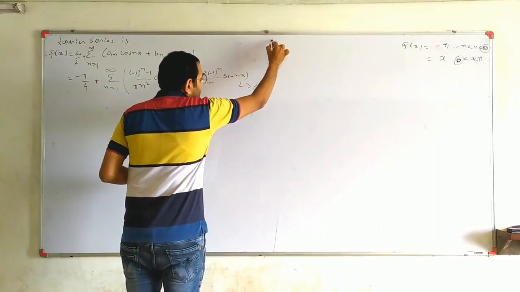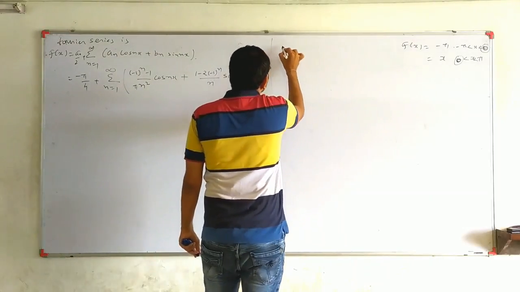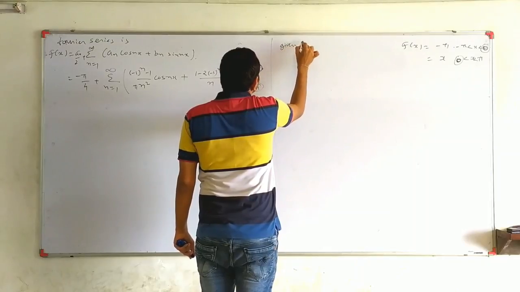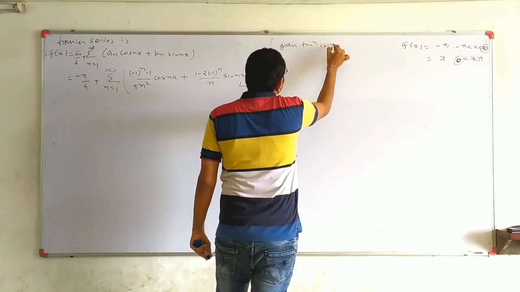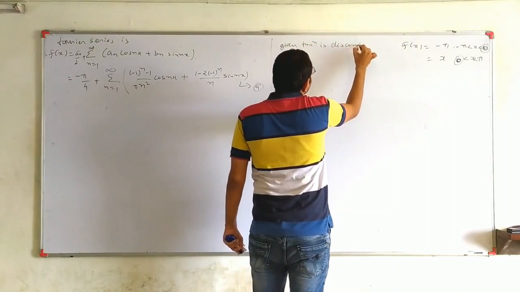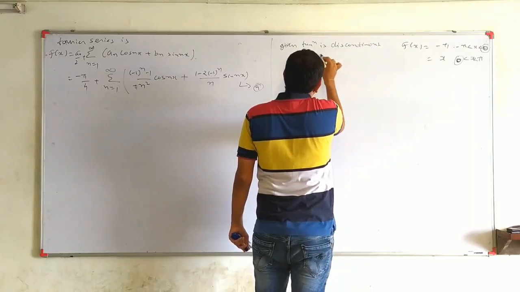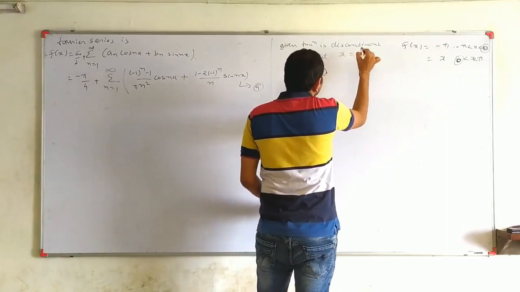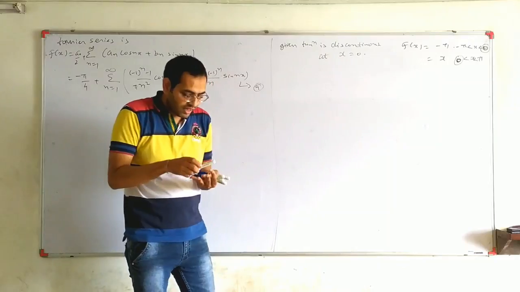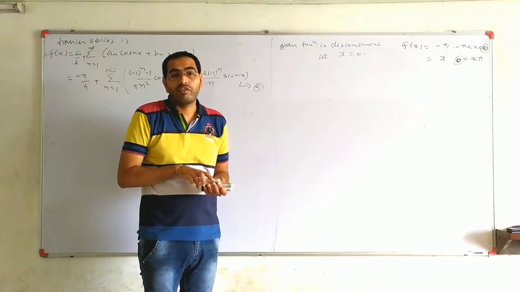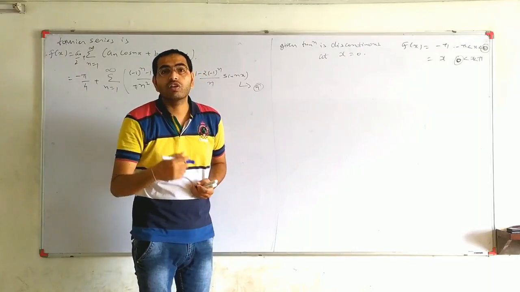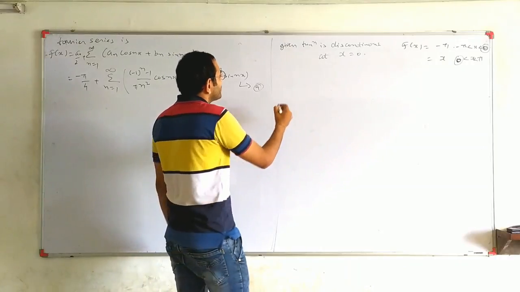Given that the function is discontinuous at x equal to 0, we will find the value of the function at 0 position.